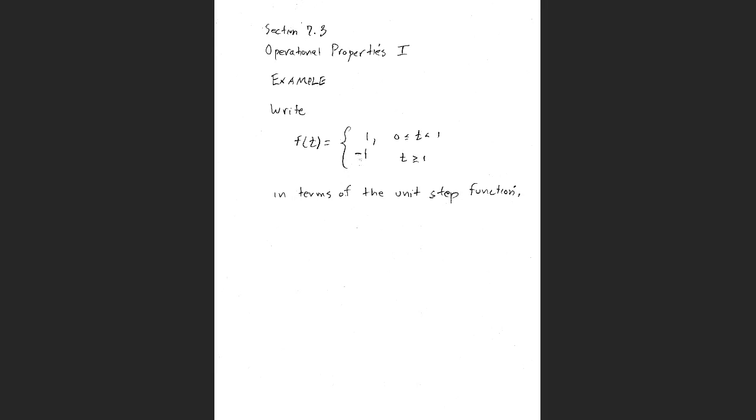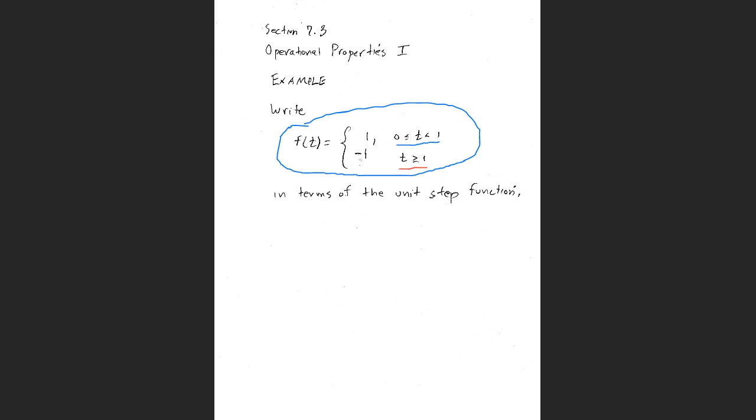All right. So what we want to do, we have a piecewise function here. f of t is equal to 1 when t is greater than or equal to 0 and less than 1. And then f of t equals -1 when t is greater than or equal to 1.